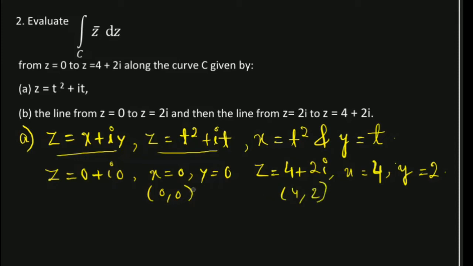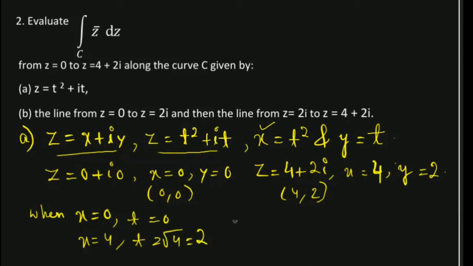So now we can see that both x and y are given in the form of t, so we will find the limit for t. Here x is equal to t square. Hence when x is equal to 0, then t is also equal to 0, and when x is equal to 4, then t is equal to root over 4, that is 2.